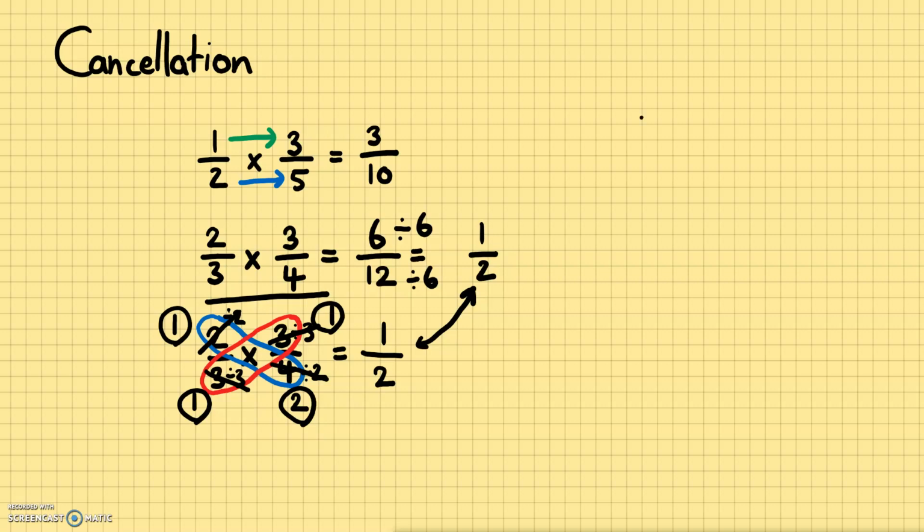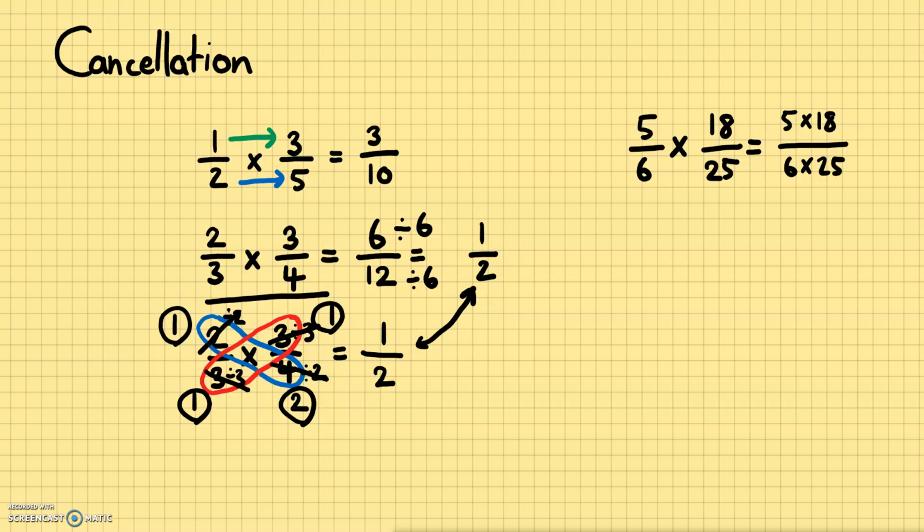For example, if we have 5/6 times, say, 18/25, and we want to multiply these two fractions, without canceling, we'll have to multiply 5 times 18 on top and 6 times 25 on the bottom.